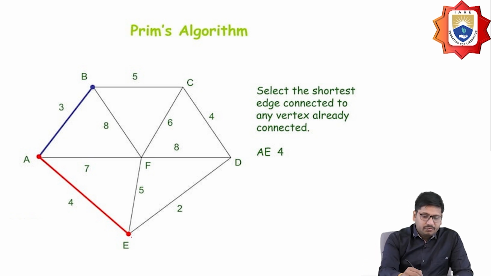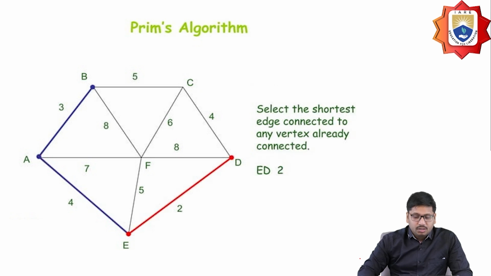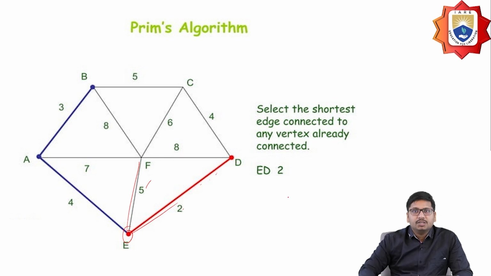So next minimum is 4. So that's why I'm going to connect this. And from E, I'm going to consider ED. From E, I'm going to have ED and EF, but it should be the minimum. So that's why I'm going to select this edge.